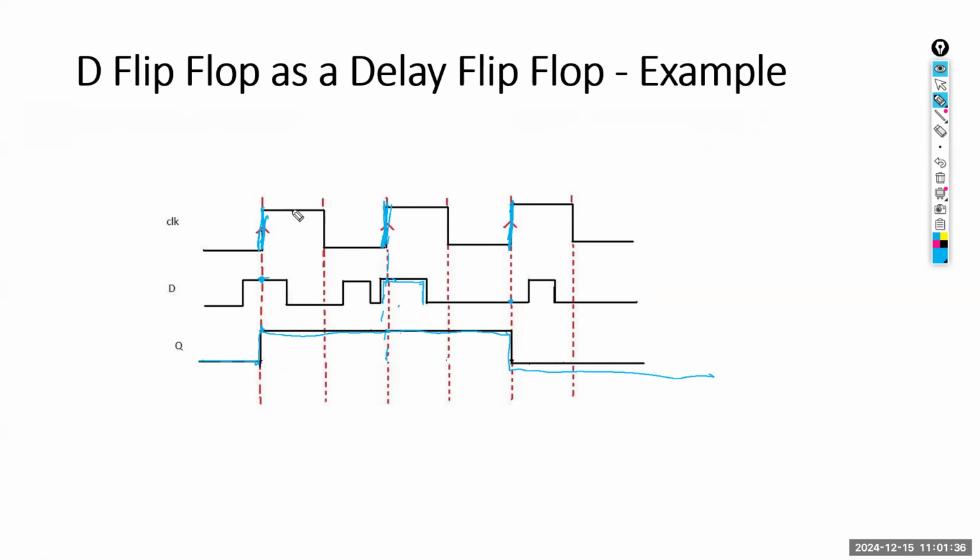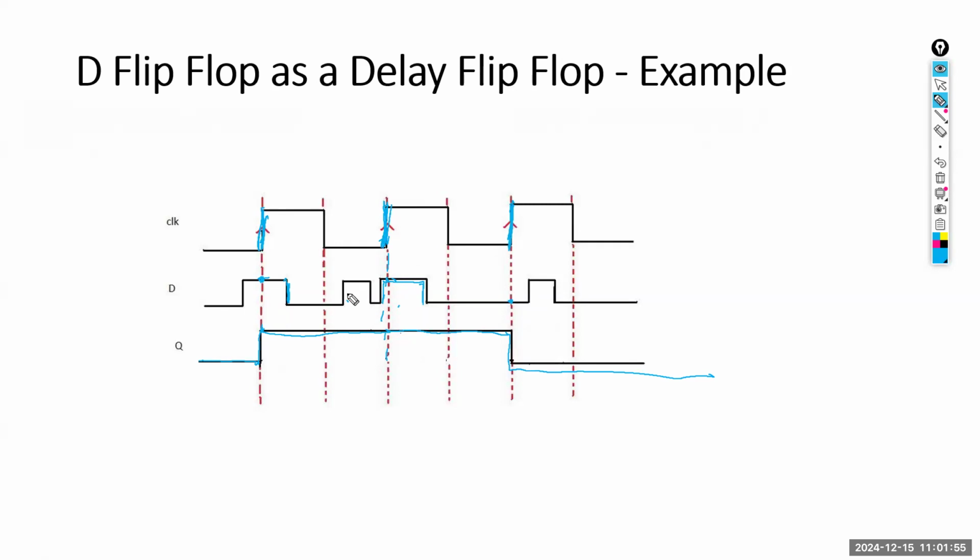Actually, when your data signal had gone down, we never detected this because before the next rising edge, it had come up again. Actually, there was a pulse also. So this can lead to some errors.